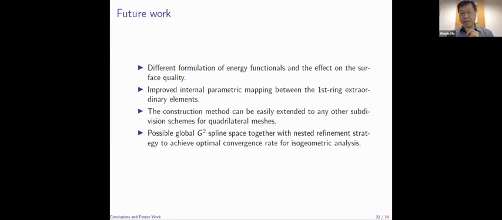So we are using bi-7, so it's minimal. So geometric stability should be okay.